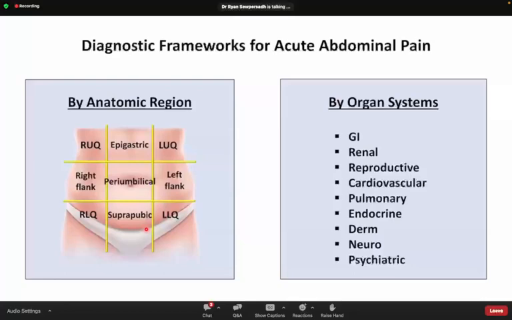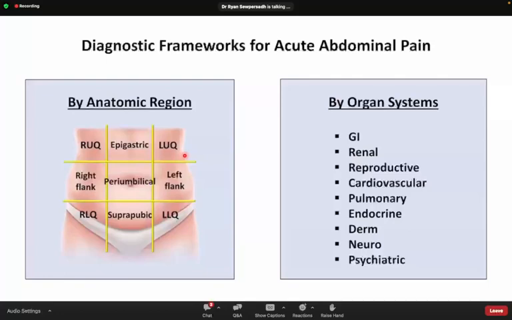When trying to consider what disease might cause pain in a certain region, the simple principle is to consider what structure lies within that region. So if you have pain in the right upper quadrant, you're probably thinking liver, biliary pathology, whereas pain in the left upper quadrant could be from the spleen.